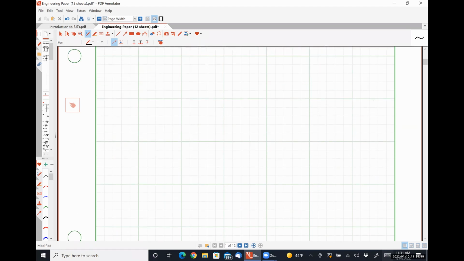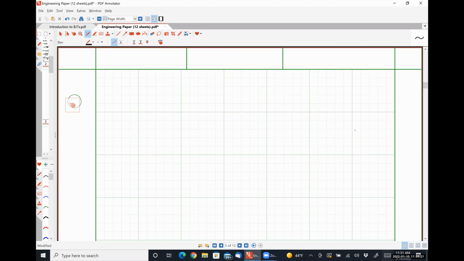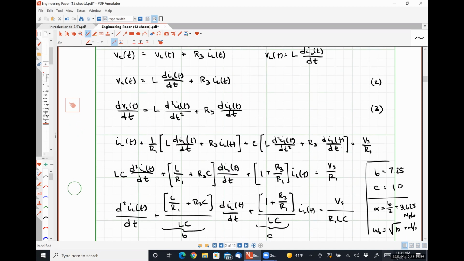So effectively, what we would wind up doing here is put in our guess value of IL is AE to the ST, and we'd wind up having exactly a second order polynomial in terms of S, where this coefficient would correspond to what's in S, and this coefficient would correspond to the constant value term.